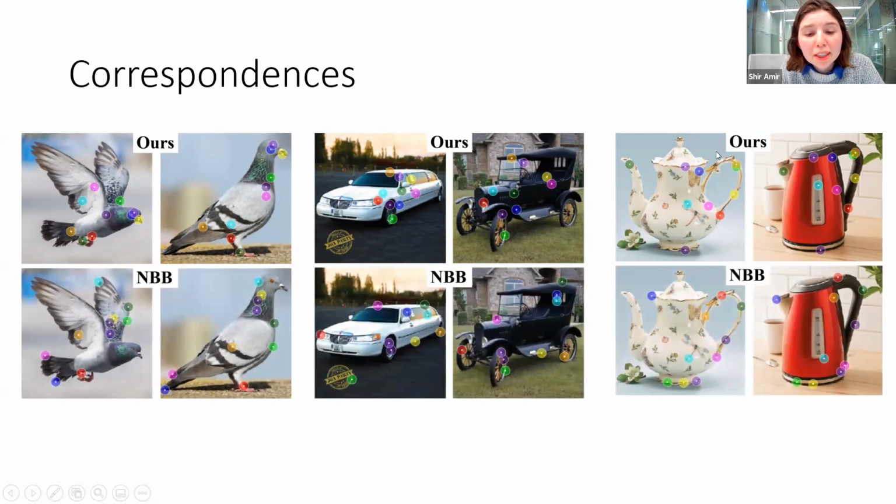If we compare ourselves to a recent CNN-based method named Neural Best Buddies, you can see that we perform much better. Here, for instance, the entire region of the wing is mapped to the region of the head, which is a wrong semantic correspondence. Or here, for instance, this green dot doesn't match the wheel, it matches some sticker over here.